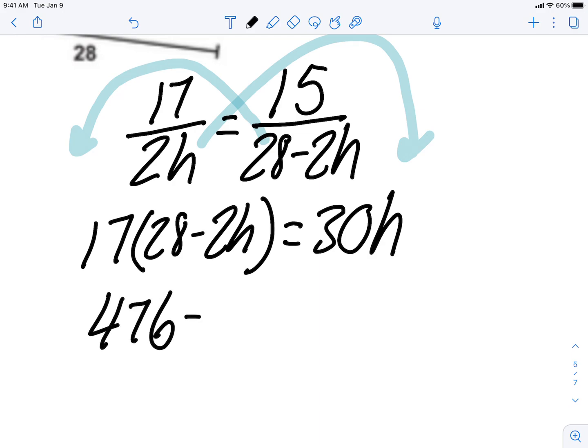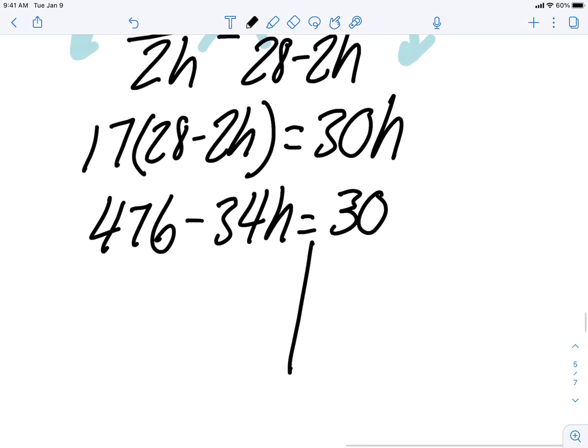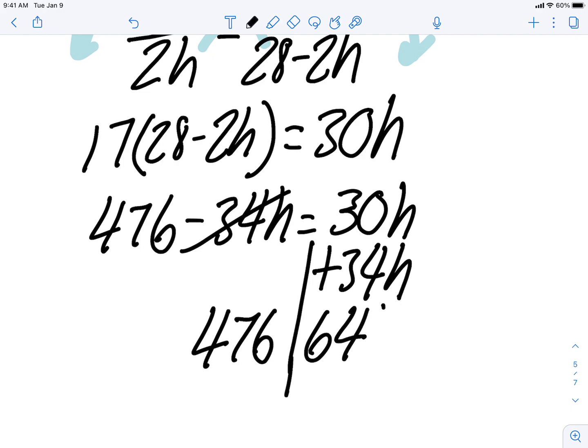Yes. Minus 17 times 2h is 34h. Is equal to 30h. Cross out negative 34 and add 34h. So I get 476 on the left side, and 30 plus 34h is 64h.